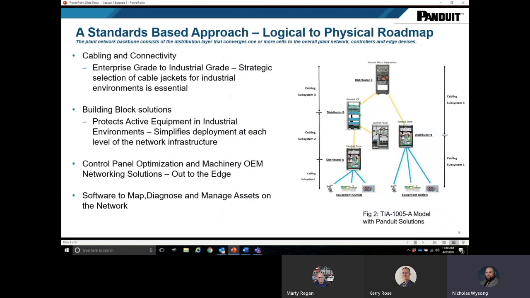All the solutions we are going to present in upcoming presentations are standards-based solutions. Panduit has relied on experts to design and test solutions based on TIA standards to ensure that products we deliver are tested and reliable for the lifetime of your network.